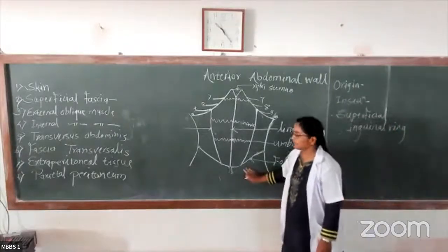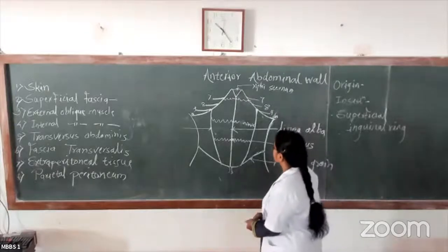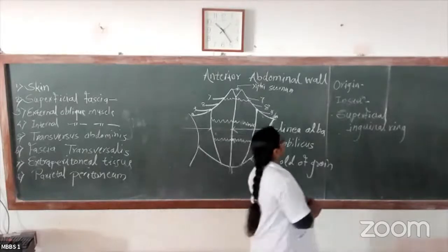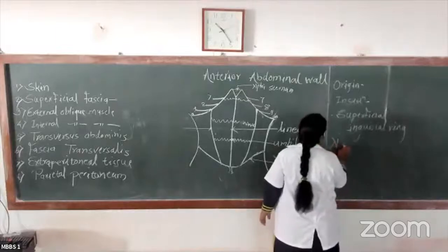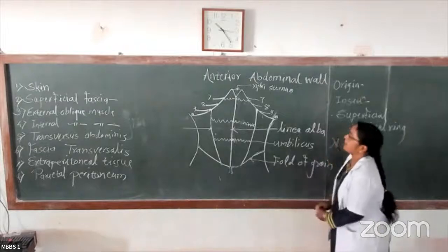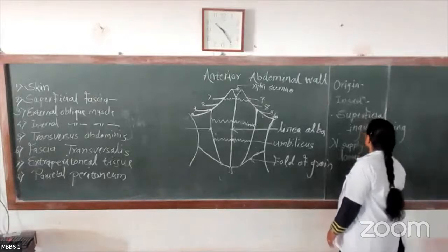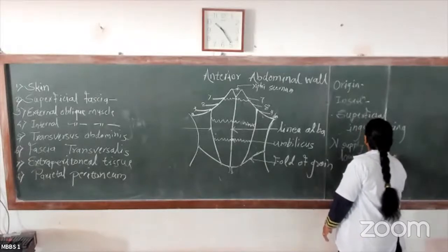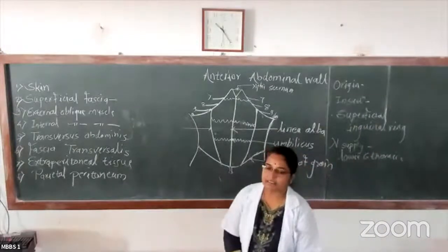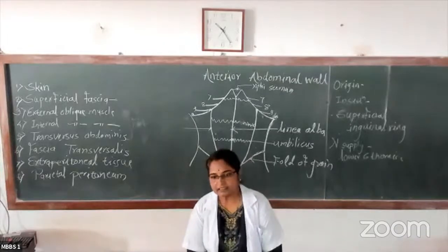Now the nerve supply of this external oblique muscle: it is supplied by the ventral rami of the lower 6 thoracic nerves.